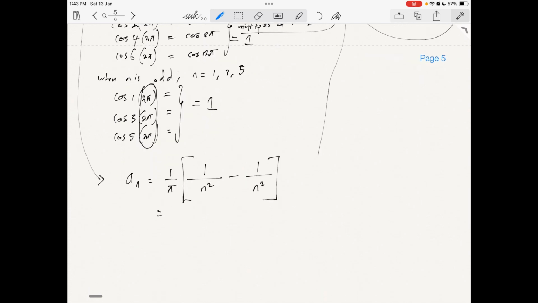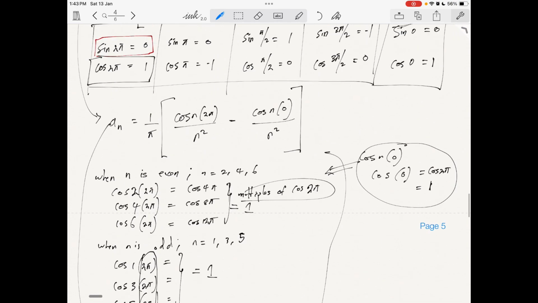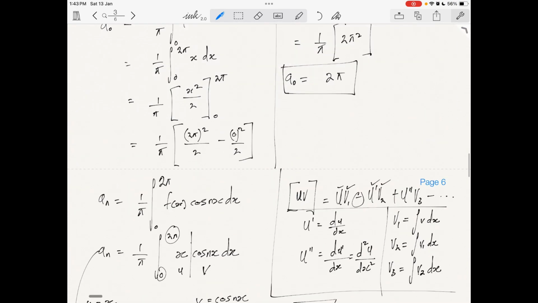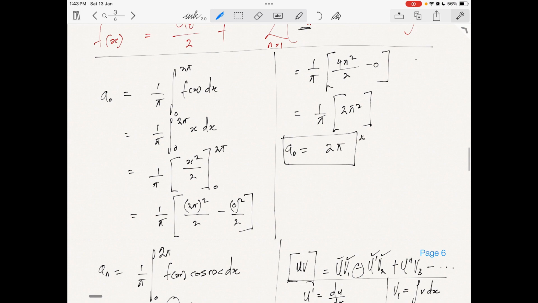Now this will be equals to 1 over pi, 1 over n squared minus 1 over n squared is 0, and that will give us 0. So an is equal to 0. Now we have been able to evaluate a naught to be 2 pi.